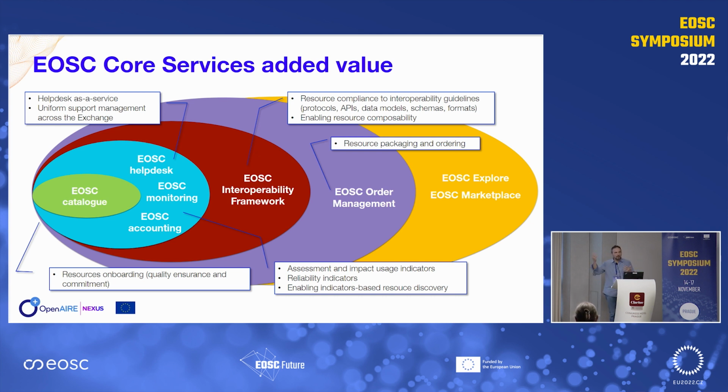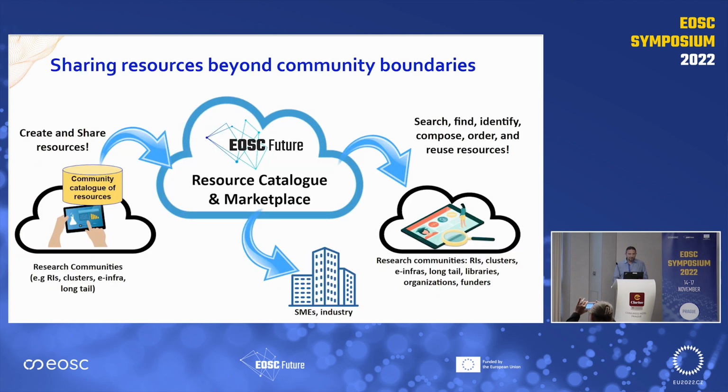Example, computing through a service that offers computing. Then, as a final extent, of course, we have all the discovery mechanisms that are necessary, and also the mechanisms that are necessary to acquire the resources from the end user point of view, so the EOSC Marketplace and the EOSC Explorer.